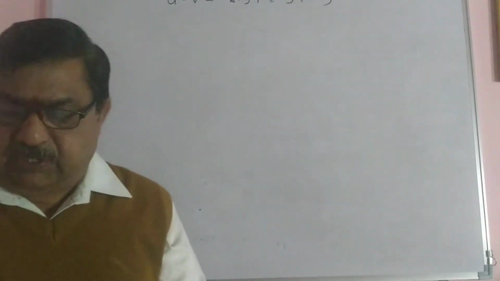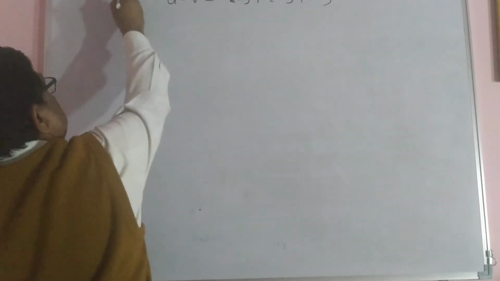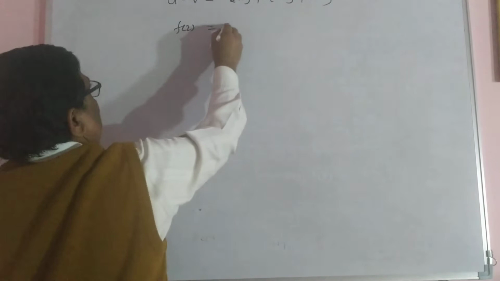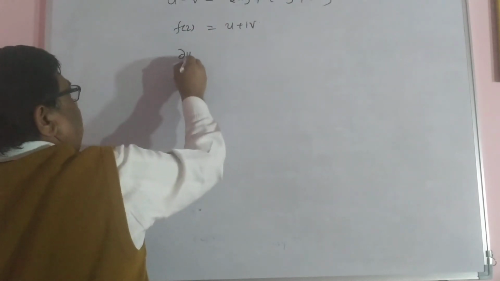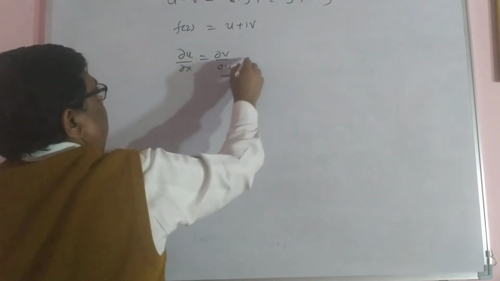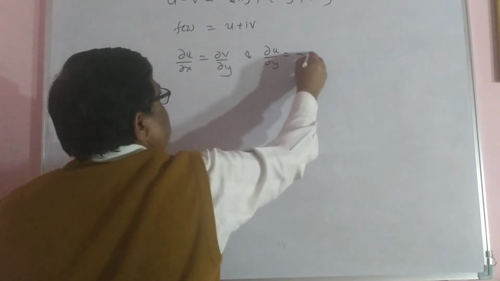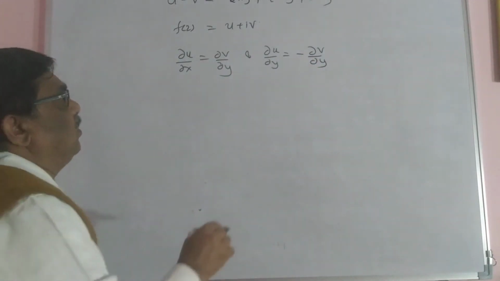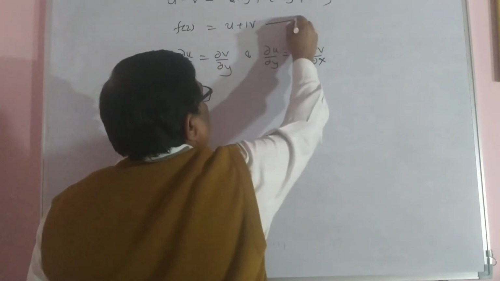Then I have to construct the function f(z). So as usual, solution: f(z) equal to u plus iv, and by CR equations ∂u/∂x equal to ∂v/∂y, and ∂u/∂y equal to minus ∂v/∂x. Call this 1 and this 2.